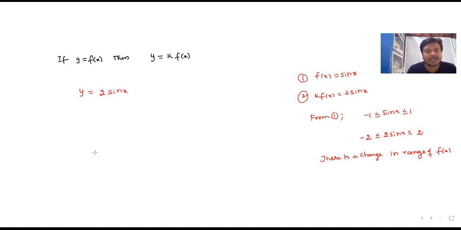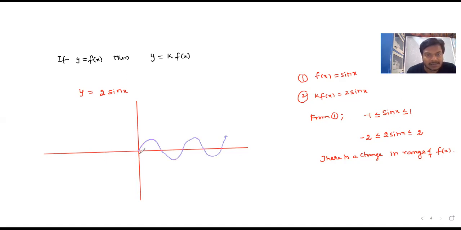let us draw the graph of y equal to 2 sin x. First, draw the graph of sin x and then go for 2 times sin x. We know that the graph of sin x, that is a wavy curve, exists like this. Okay, and its range is from -1 to +1.